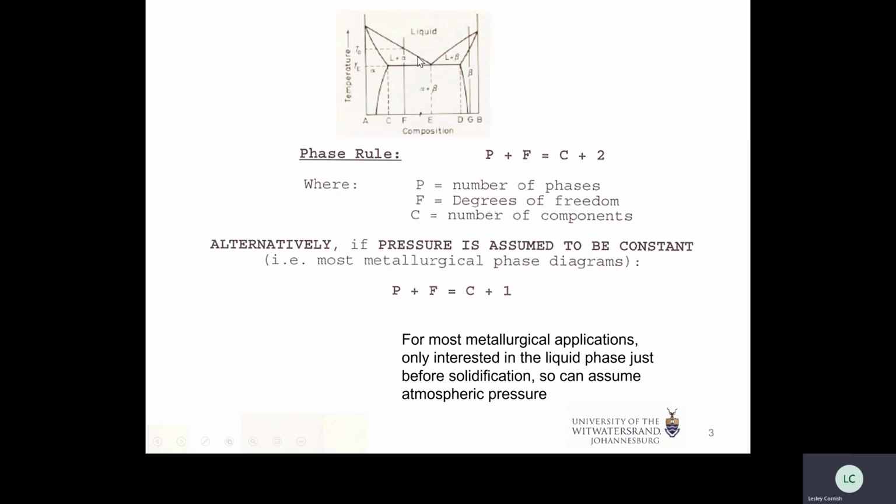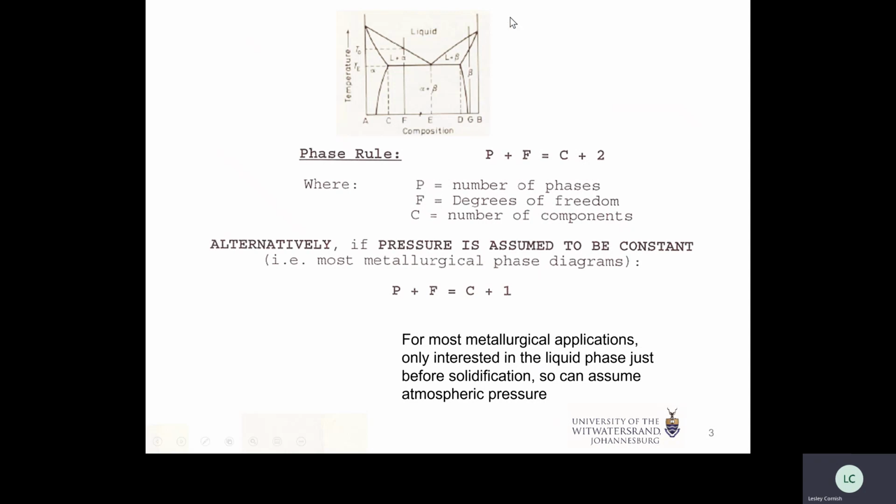So in binaries, we don't really think about this too much, but anything on there will solidify to alpha first, and anything on there will solidify to beta first. I'm stressing that because it's important later on.